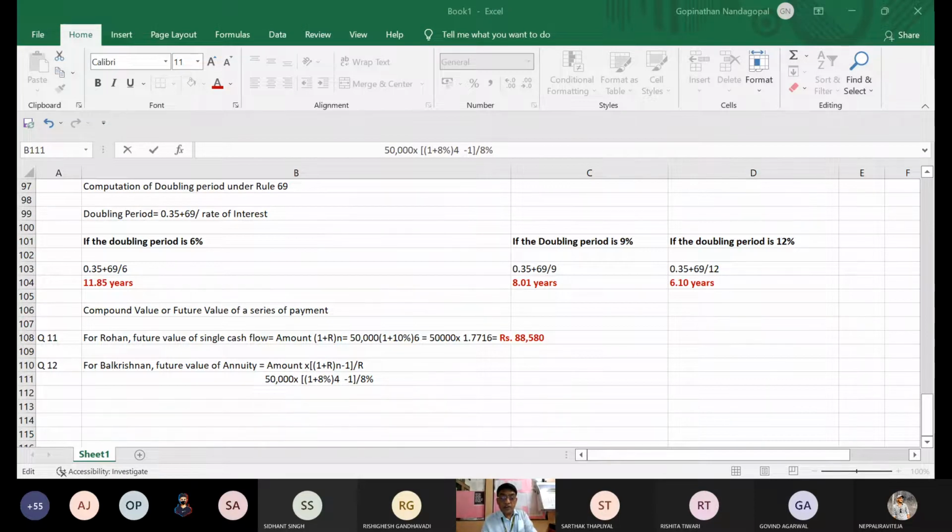Future value of annuity table. The same thing. So 4 years.